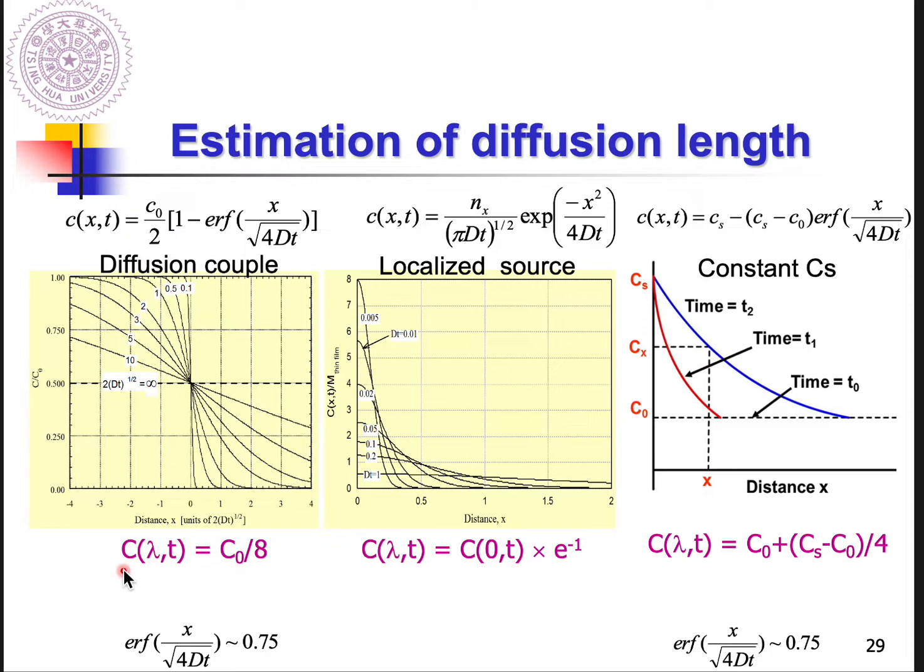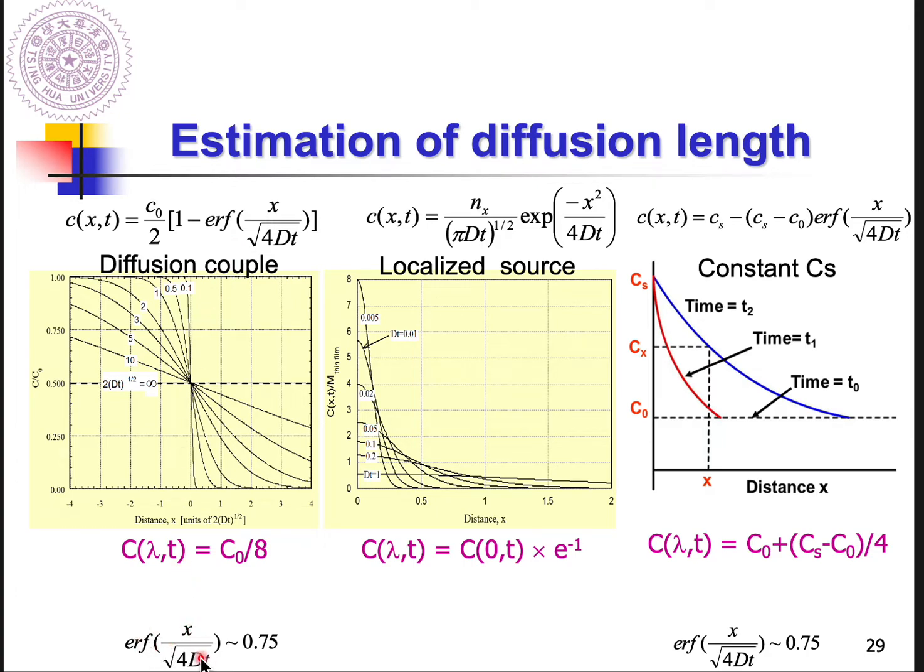So for this case, if you plug in the square root of 4Dt, the concentration is roughly C0 over 8. Why? You can have a look here. If the concentration becomes C0 over 8, that means this will equal 1 over 4, right? 1 over 4 means this error function will be 3 over 4.